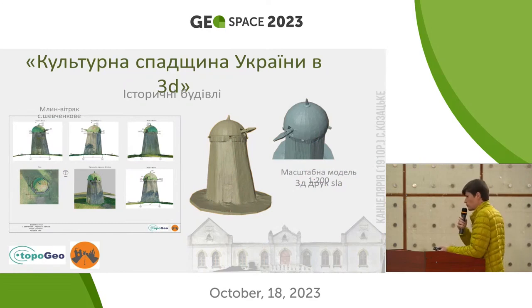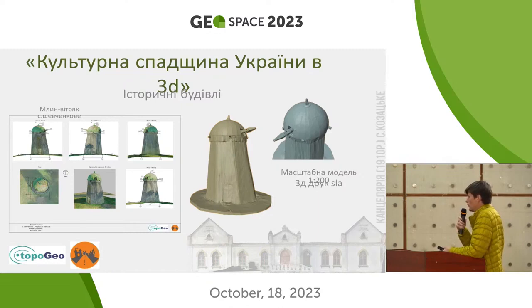This is one of the recent models, from the village of Shevchenkove in Cherkasy Oblast, where Shevchenko was born. There is a windmill there. There is an idea to restore it and install wings, because inside it is more or less intact, almost functional.